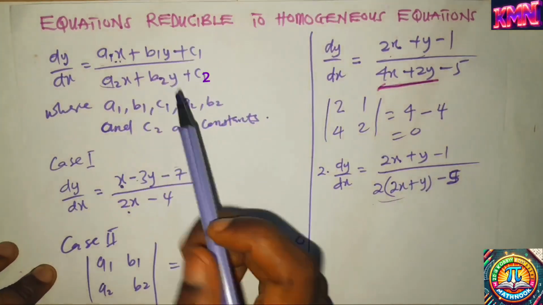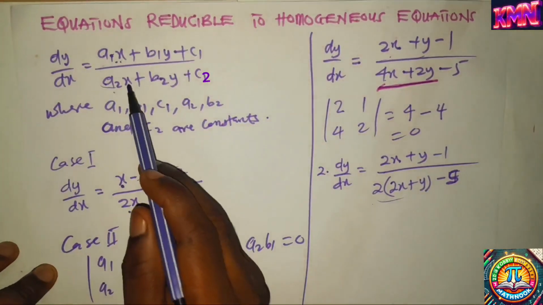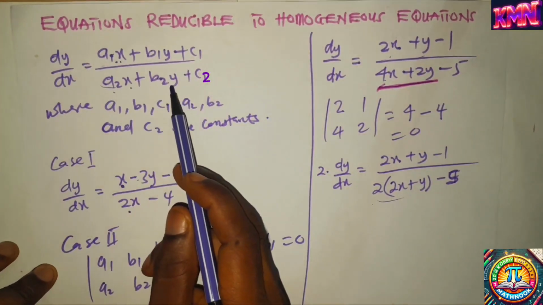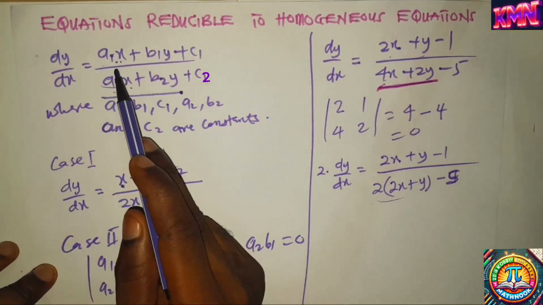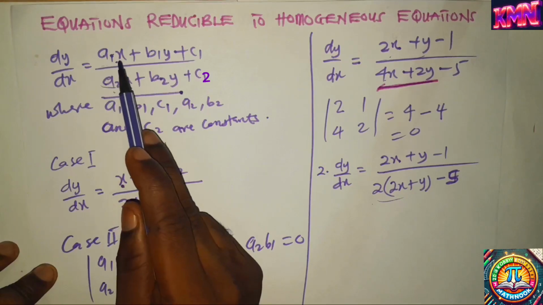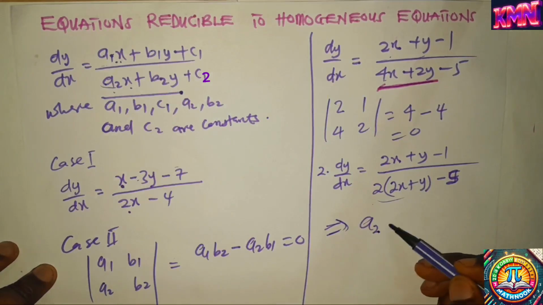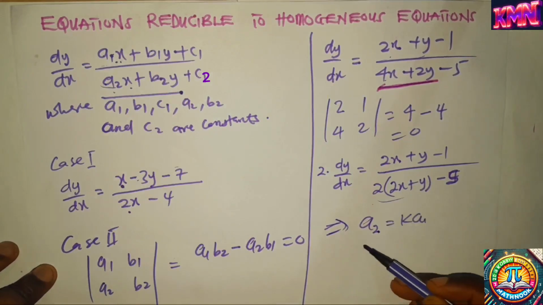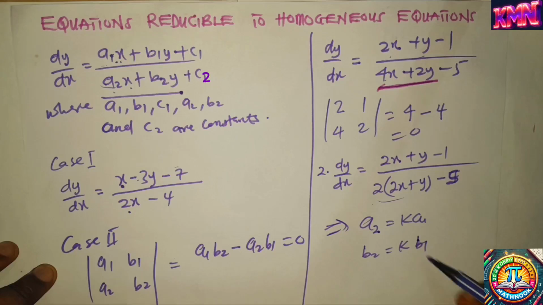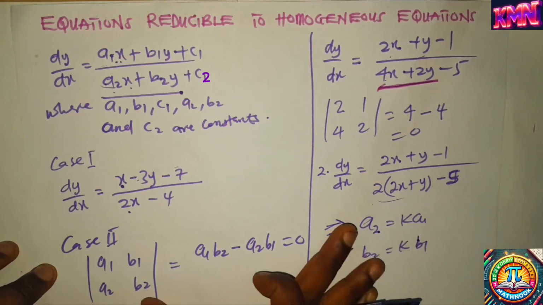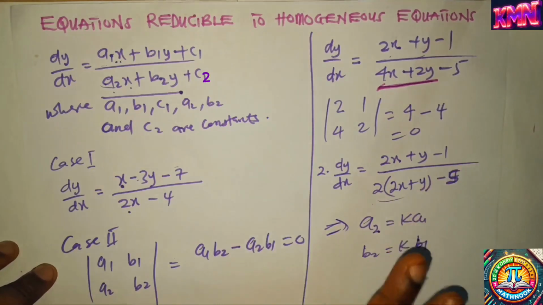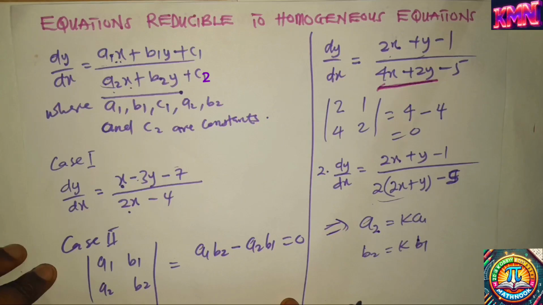So this implies that the terms a2x + b2y in the denominator are a constant multiple of a1x + b1y in the numerator, which means a2 equals k a1 and b2 is also k b1. When we are able to identify this in the second case, this is another form that we can also consider. It also has a special approach in solving it. We will look at examples on that, and that will help us to understand better.